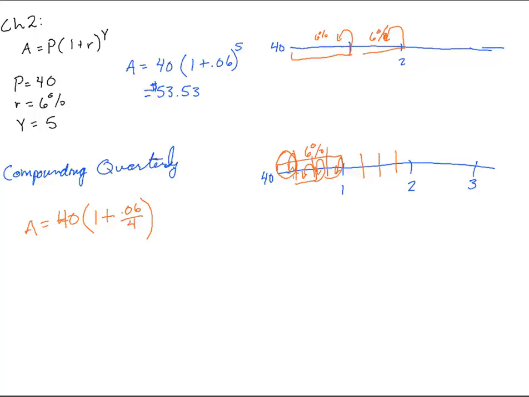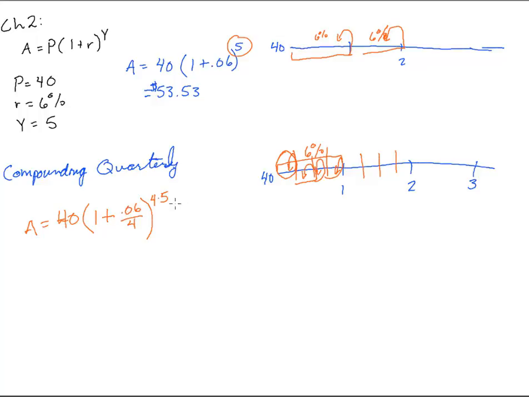But notice, this now doesn't happen 5 times like up here. It happens for 5 years, but it happens 1, 2, 3, 4 times each year. So I'm going to put 4 times 5 right up here.